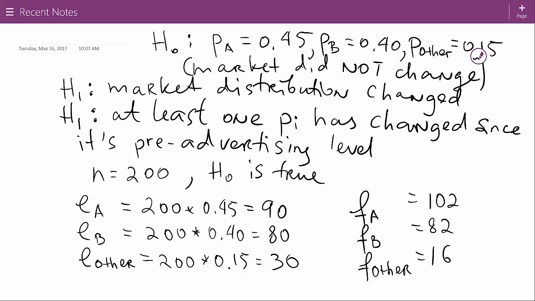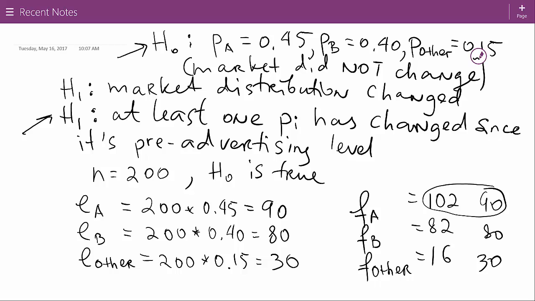Now, big question is that close or is it far? So obviously, suppose, for example, that these numbers would be exactly 90, exactly 80, and exactly 30. What would I say? Which one of these hypotheses is true, null or alternative? Null, right? Because what I see in the sample exactly corresponds to the null, right? In what case would I start more and more moving towards the alternative? If I see big deviation between what it should be and what it is, right?